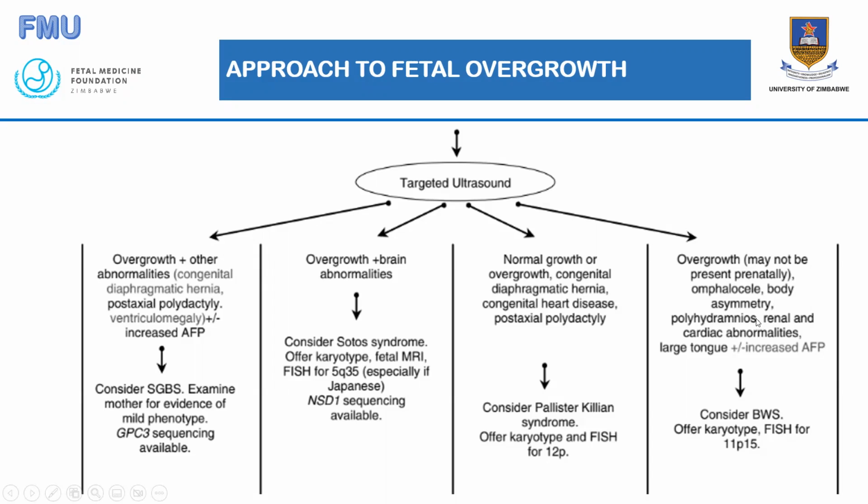Then we have polyhydramnios, renal and cardiac abnormalities, a large tongue, and increased AFP, alpha fetoprotein. In that case, you have to consider Beckwith-Wiedemann syndrome, and we have to offer QF-PCR, where we will be looking for a deletion on region 15 of the short arm of chromosome 11.